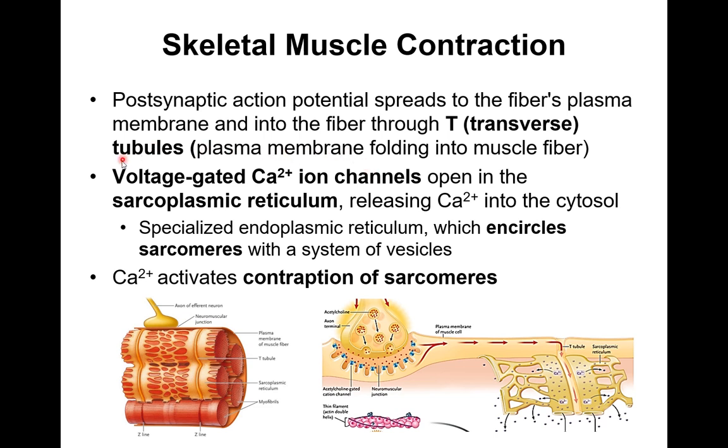In this case though, the voltage-gated calcium ion channels open up when they sense an action potential, and they release all the calcium that was stored inside the sarcoplasmic reticulum into the cytoplasm, or cytosol in this case. This calcium coming out of the sarcoplasmic reticulum will cause the contraction of the sarcomere and ultimately of the whole muscle.